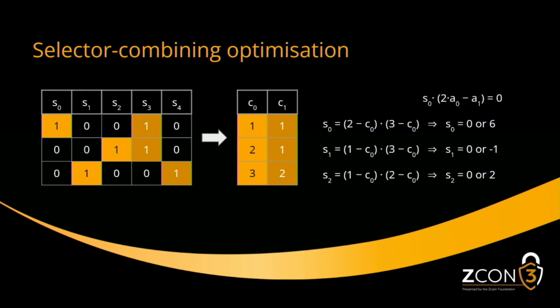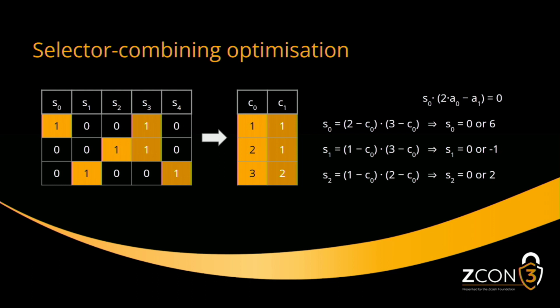constraint for that selector. So, for example, when you look at this compressed selector column C0, we can see that we can recover, we use an equation to represent the original selectors, so that, for example, if you look at S0 here, when you plug in 1, then the value becomes 6 because of the way the equation's set up.